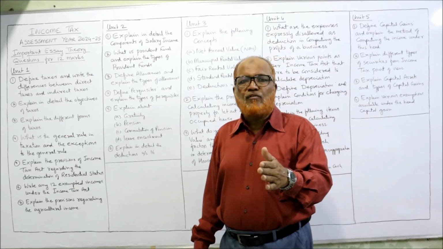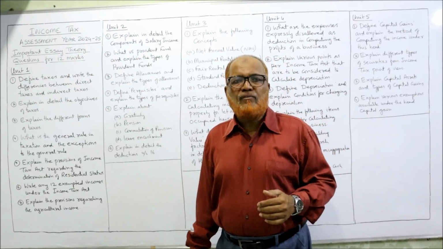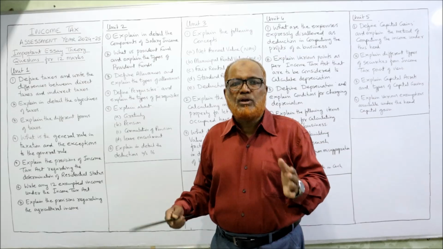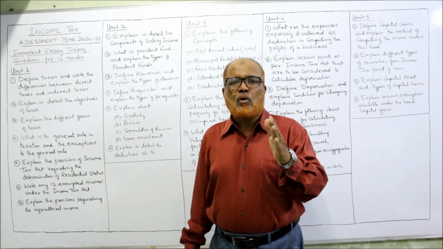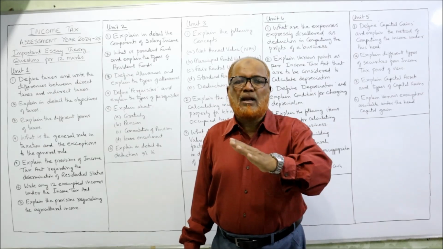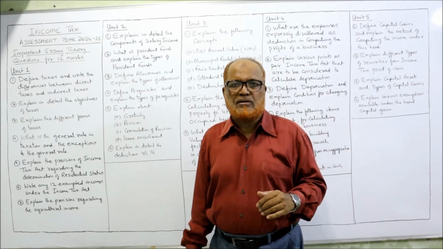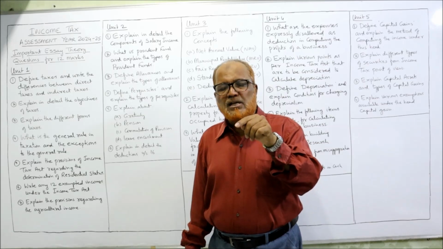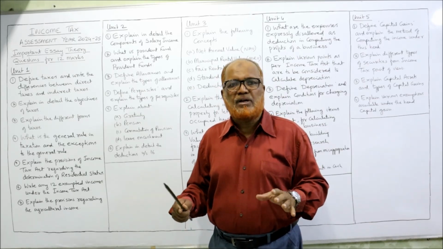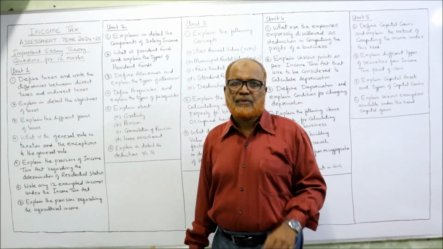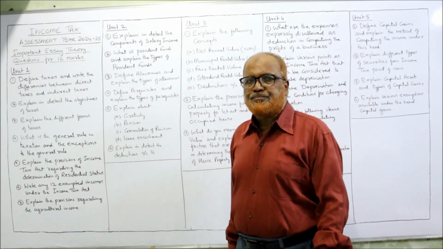So at the time of retirement, the employee will get a lump sum amount in the form of gratuity. Now, the Income Tax Act says if the employee is a government employee, gratuity received is fully exempted. If the employee is a non-government employee, up to 25 lakh rupees gratuity is exempted, the excess will be taxable, right?